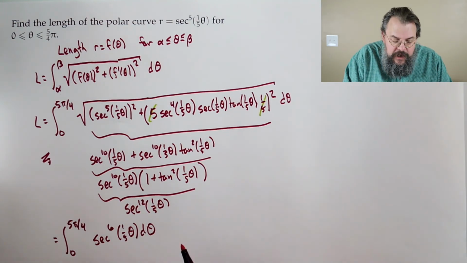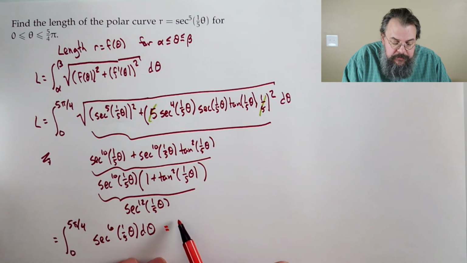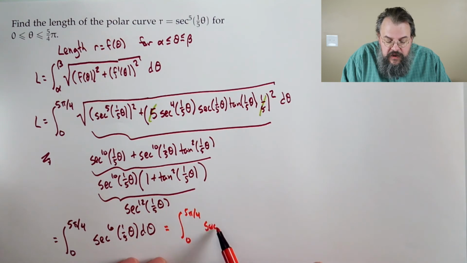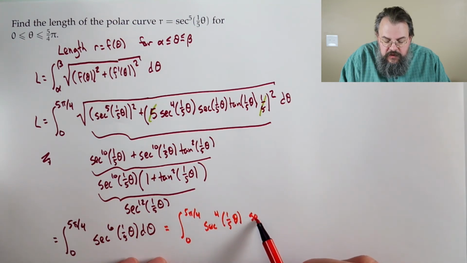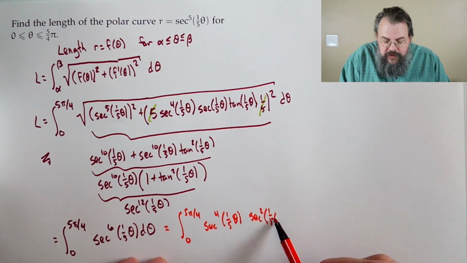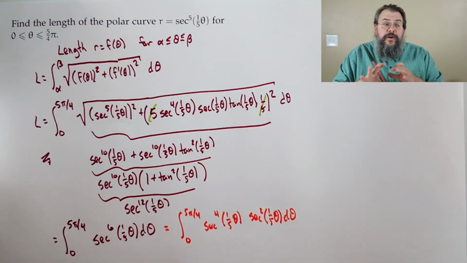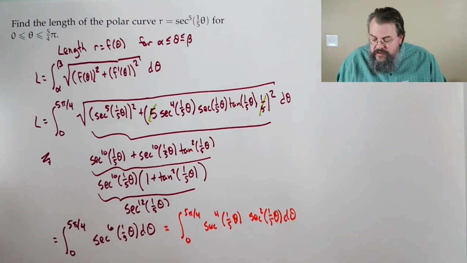So we're going to think of it in the following way: the integral from 0 to 5 pi over 4 of secant to the 4th of 1/5 theta times secant squared of 1/5 theta d theta, with the goal of that secant squared on the end.